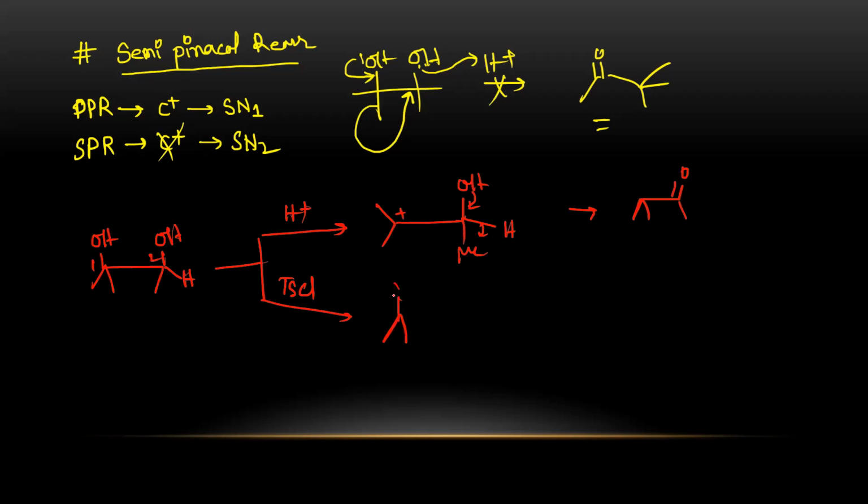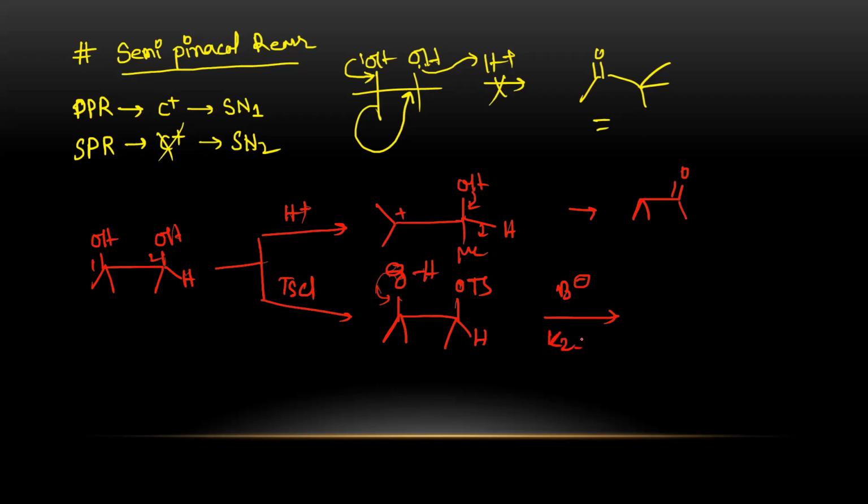So here we have OH, methyl, hydrogen, OTs. Now OTs is a very strong, very good leaving group. Even if we add a very small amount of base, what will the base do? OH will be deprotonated, and then it can attack easily.